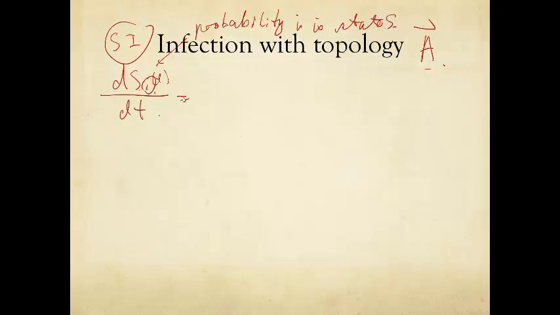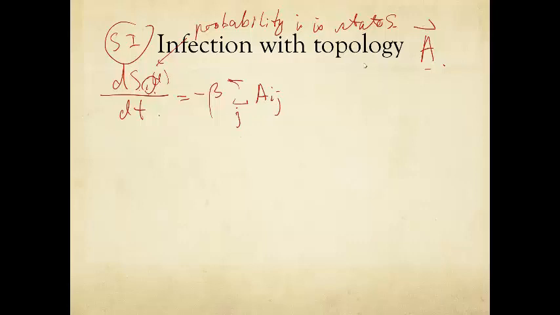And that probability evolves over time with minus beta times the summation of all the neighbors. Let's assume this is a bidirectional graph, so a_ij equals a_ji. That could be 0 or 1 depending on whether j is a neighbor of i or not.